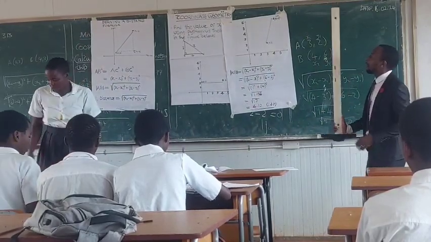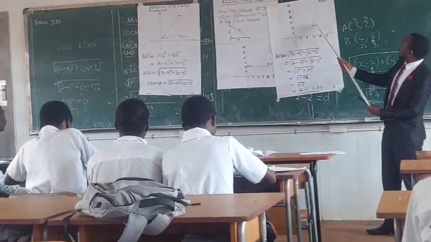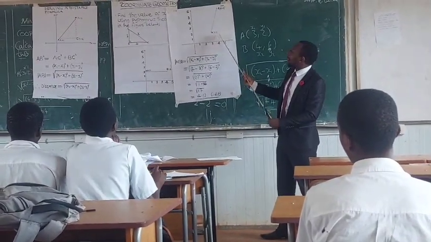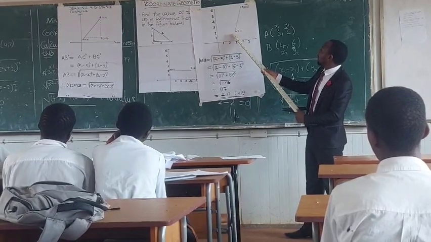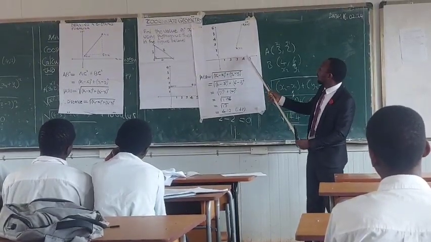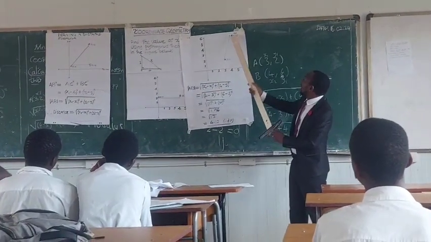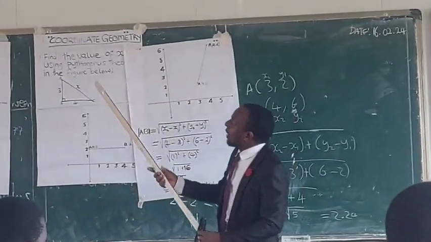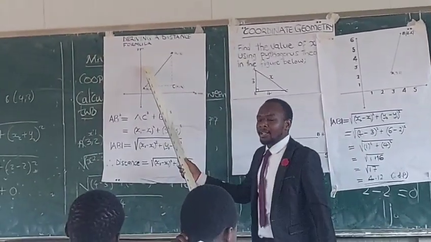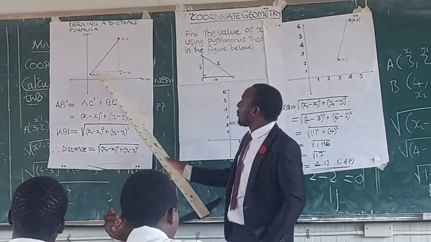Yeah, so the formula was derived in this way. Let's go back here. Do you see A here? The coordinates of A and B have been indicated with numbers: A is 3,2 and B is 4,6. Now, on this XY plane, the coordinates are not indicated.